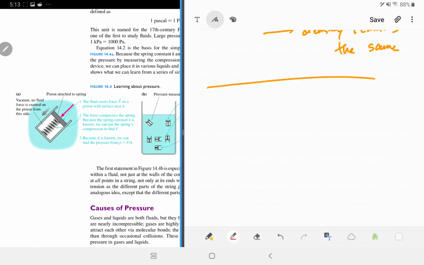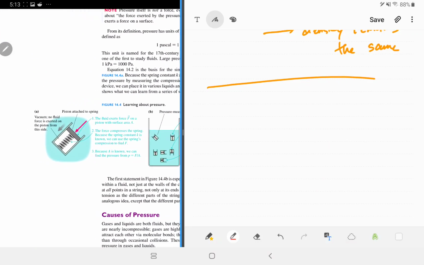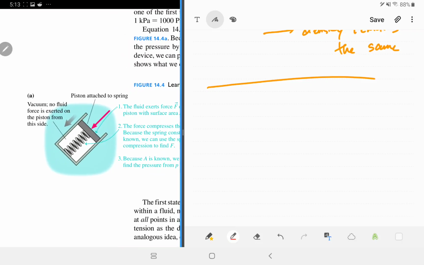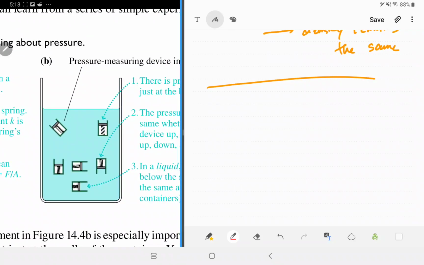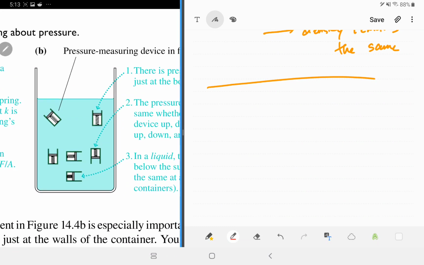So I really like this picture. It imagines that you have a little measuring device, like a little piston, and it can measure how much you're pushing against the piston. And it's nice because if you take this really tiny contraption and lower it in the fluid, you would notice that the piston gets more and more compressed the deeper it goes.